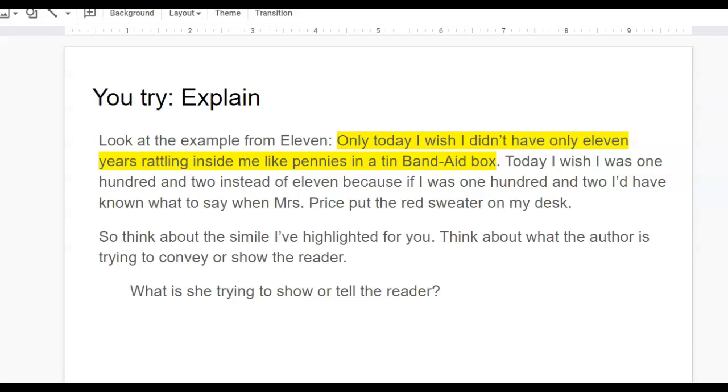Think about what the author is trying to say or show to the reader. Is the author really trying to say she's like pennies in a tin box, in a Band-Aid box? No. So what is she actually trying to tell or show the reader? And then, what is the tone of this? How does she sound? And how does this make you feel? So you're going to answer a couple of these questions on the checkpoint here. And let me know if you need any help.